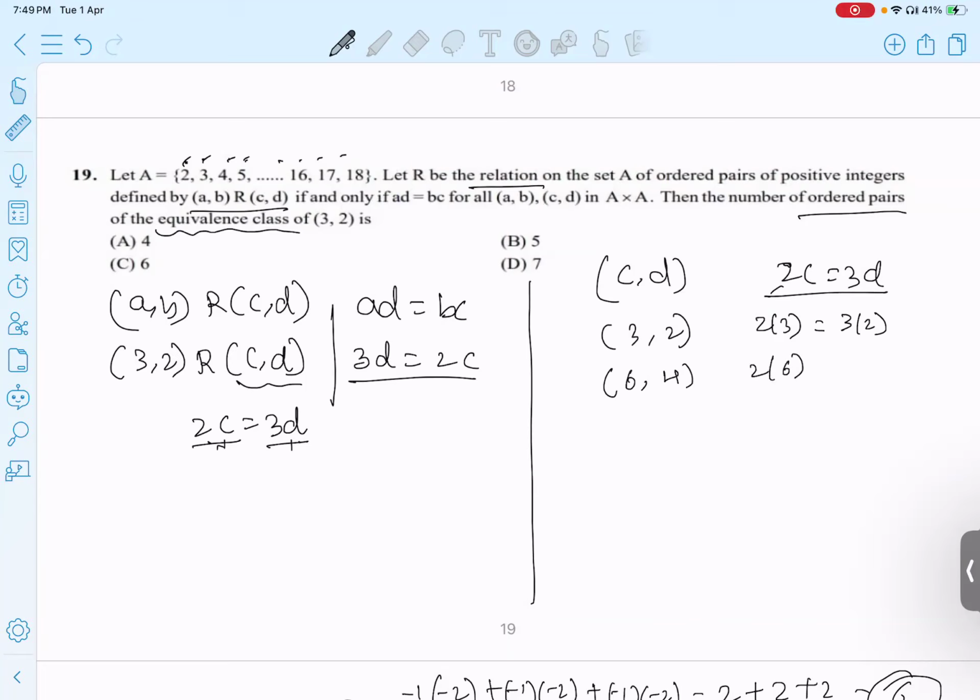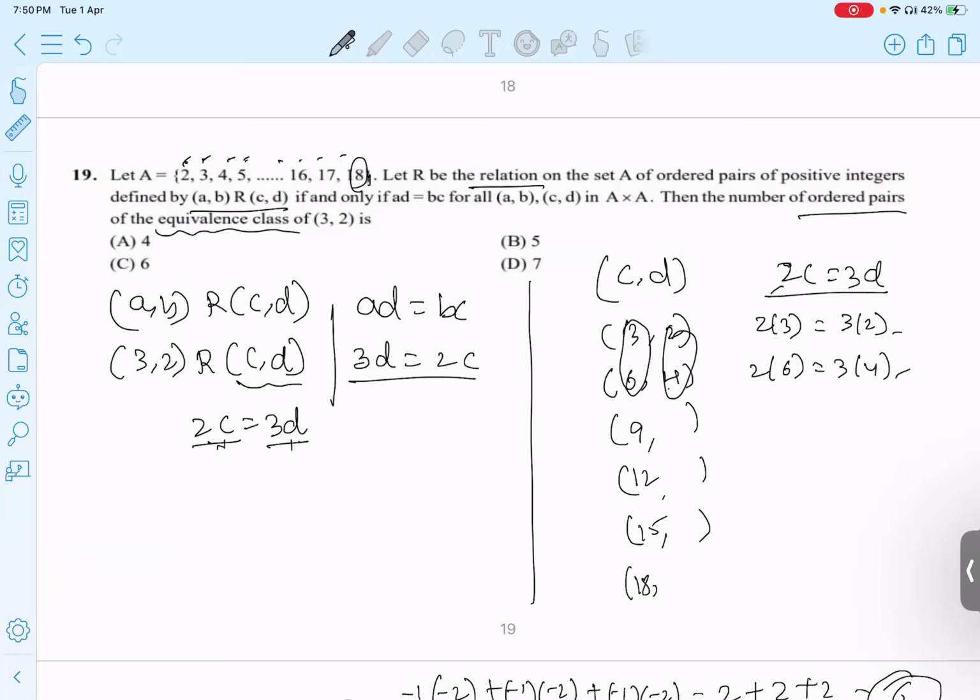So 2 into 6 is equal to 3 into 4, 6 2s are 12, 4 3s are 12. Like this, how many ordered pairs are possible? This is looking like multiples of 3, this is looking like multiples of 2. So which are the multiples of 3? 3, 6, 9, 12, 15, 18. There is no next number because the set A consists till the number 18.